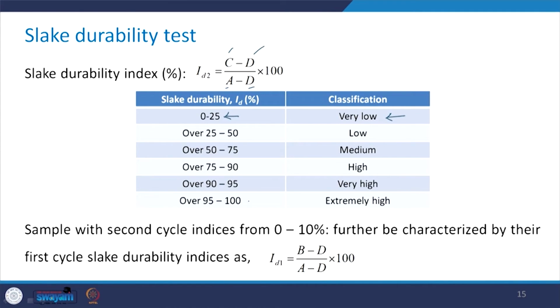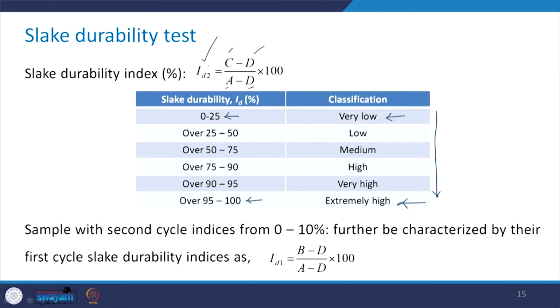If it is over 95 to 100%, the classification is extremely high. What does this mean? As the Slake durability index increases, the classification changes from very low to extremely high.